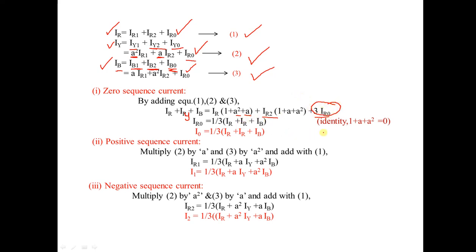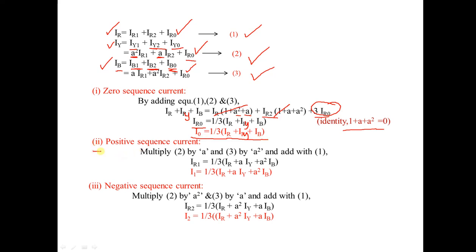We know the identity 1 plus A plus A square is 0, so those terms cancel. Only 3 IR0 remains, equal to IR plus IY plus IB. So the zero sequence in R phase is 1/3 of IR plus IY plus IB. This is the formula to find the zero sequence current: I0 equals 1/3 of IR plus IY plus IB.